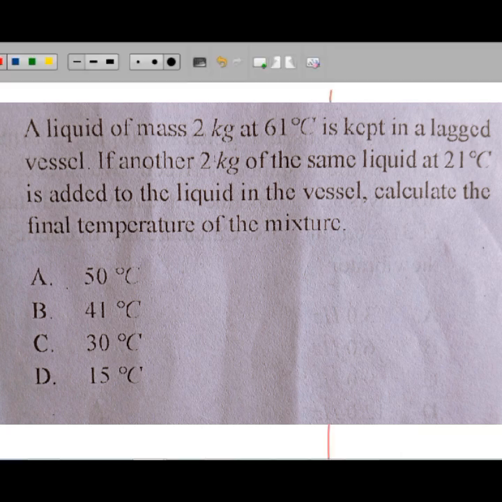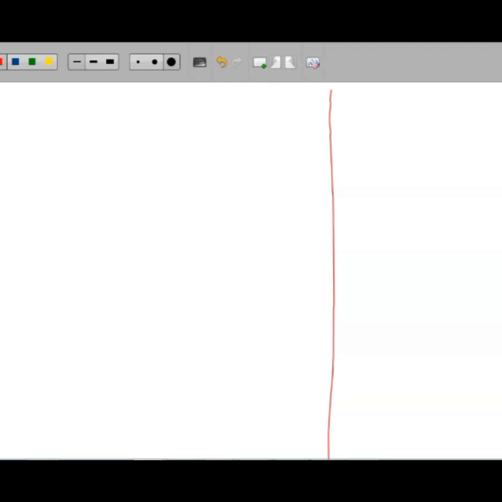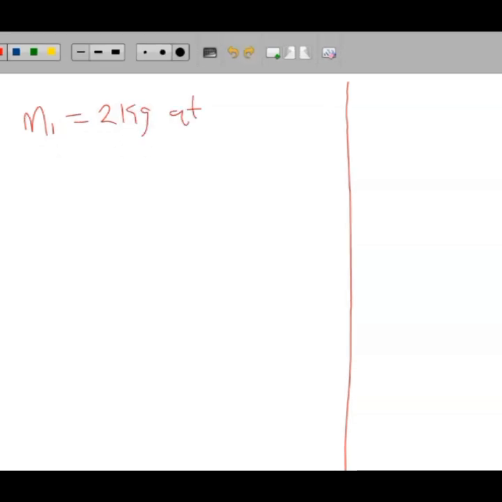Now, from the question, we have a liquid of mass 2 kg. So I'm going to have M1 is equal to 2 kilogram at theta 1 equal to 61 degree Celsius.